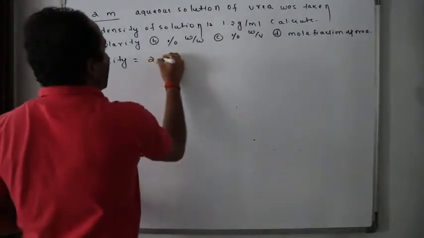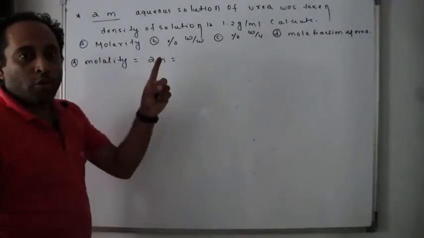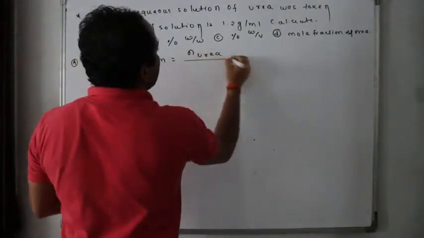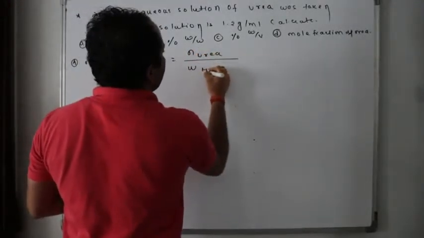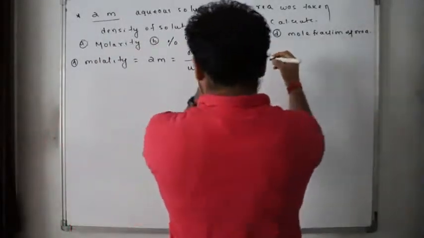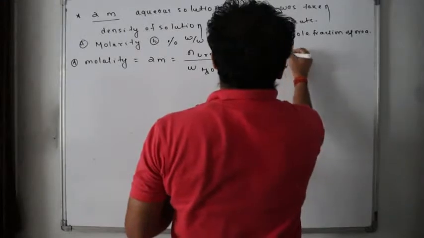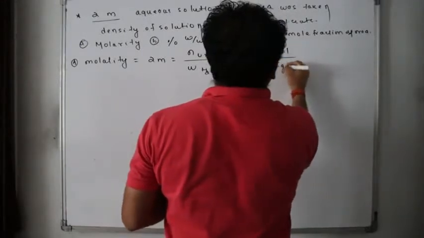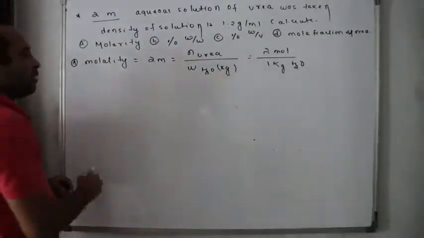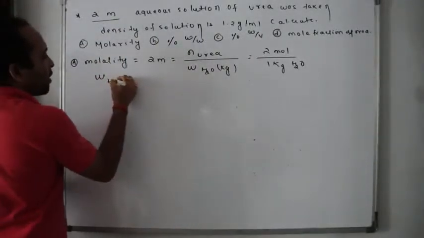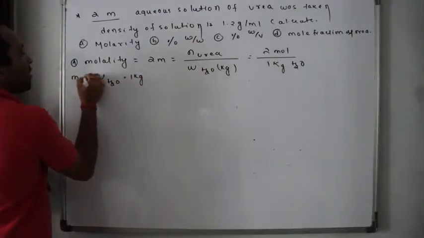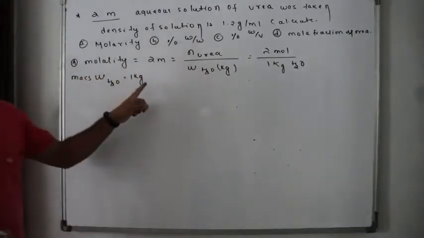Here it is given 2 molal. It means number of moles of urea by mass of water in kg, that is 2 moles by 1 kg water. Now here, I will assume the mass of water to be 1 kg.